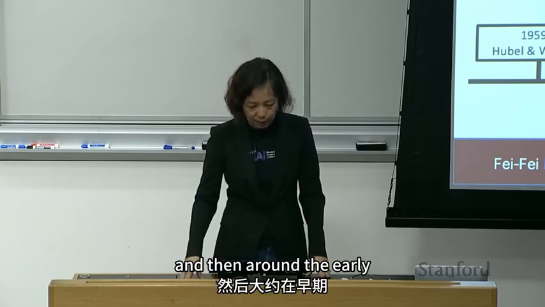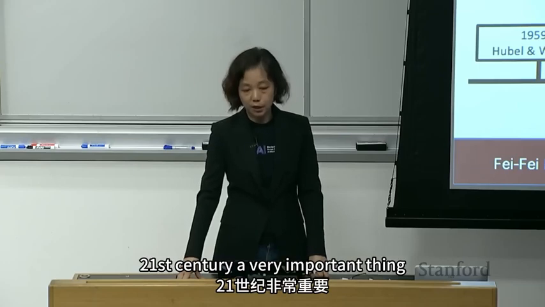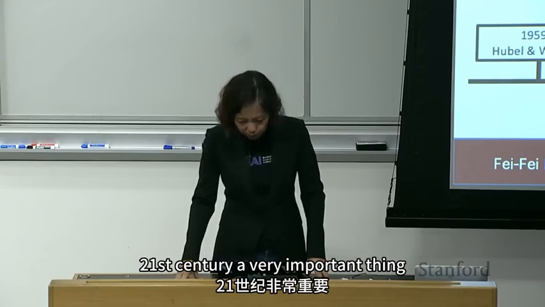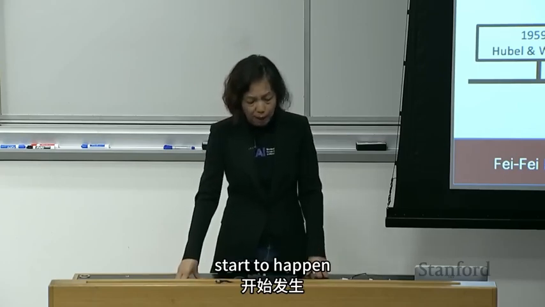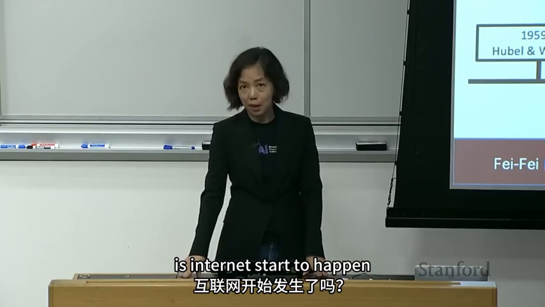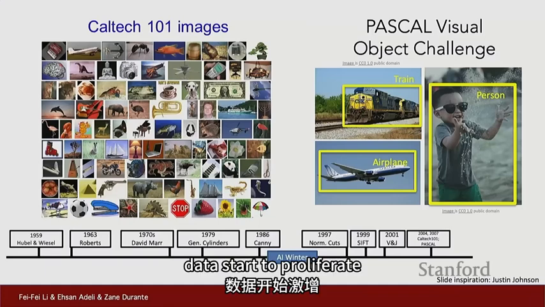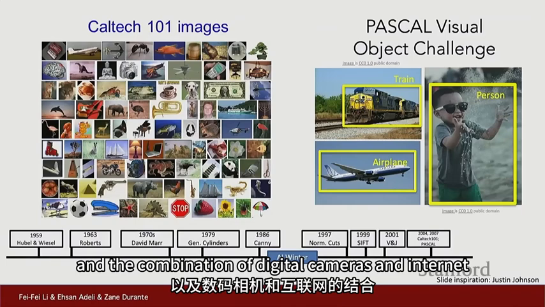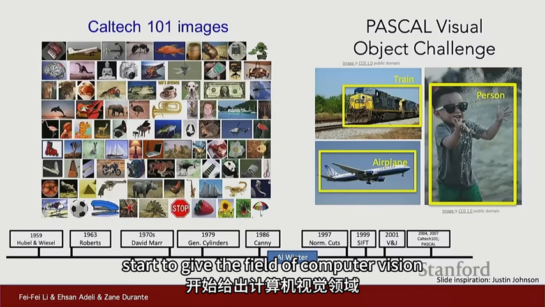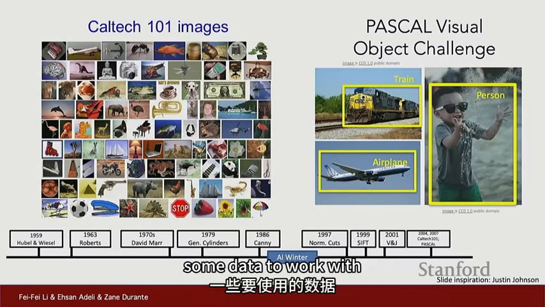Then around the early 21st century, a very important thing started to happen: the internet. When the internet started to happen, data started to proliferate, and the combination of digital cameras and the internet started to give the field of computer vision some data to work with.